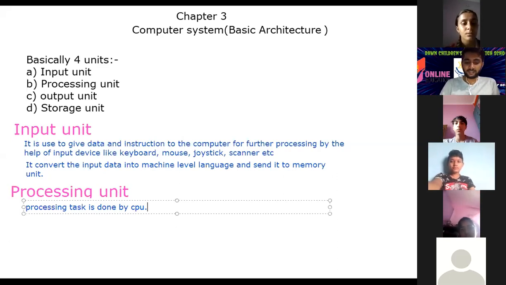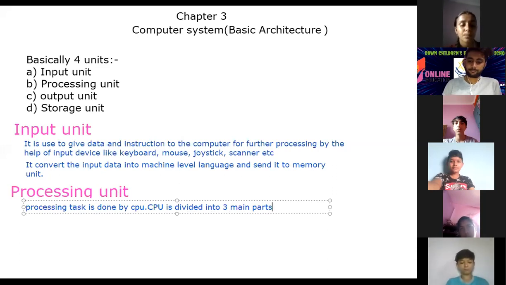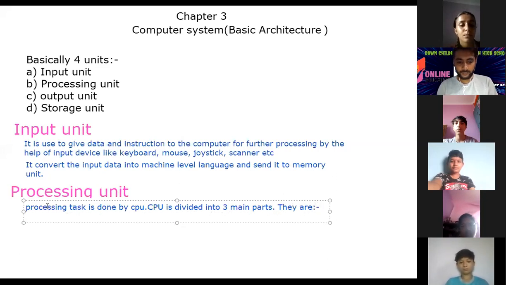It is the combination of control unit. As I told you in previous class by showing you the video, our CPU is divided into three parts. Wait, okay, I'm writing here. CPU is divided into three main parts. What are they?